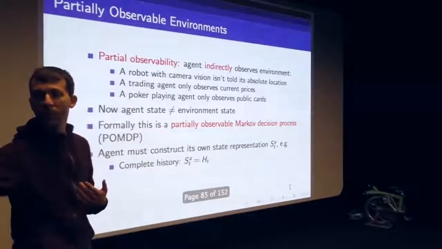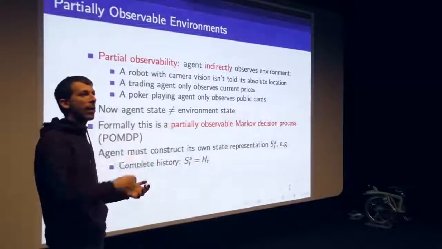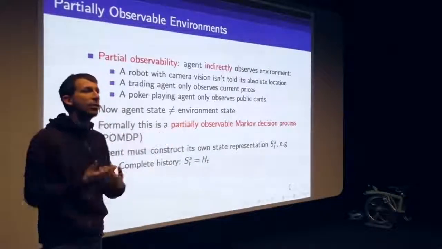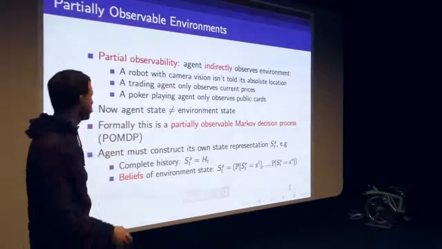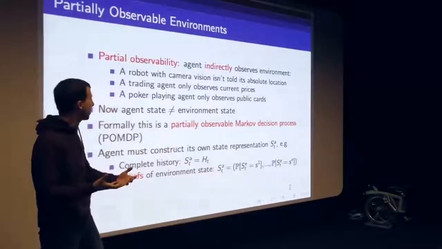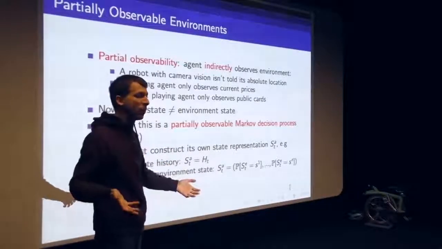Well, there's lots of ways we could do it. The naive approach is just remember everything. So remember all of the observations, actions, rewards we've seen so far, and say, hey, that whole sequence is going to be our state. Let's work with it. Or we can build beliefs. This is the probabilistic or Bayesian approach. So at every step you build beliefs over where you think you are.